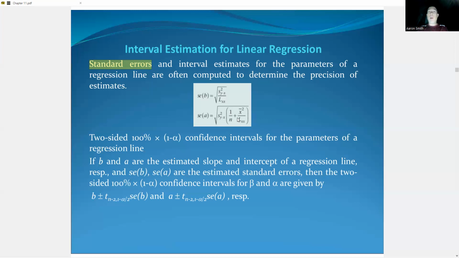All right, so remember, anytime I have interval estimation, I have the point estimate, I have plus or minus a term for the distribution, and then I have the standard error. Okay, so here's that formula. Here is our point estimate of the slope, plus or minus t.